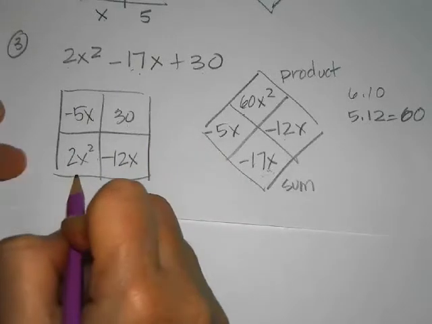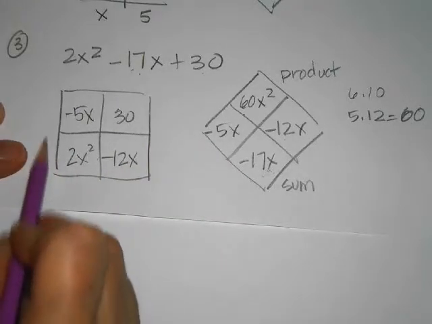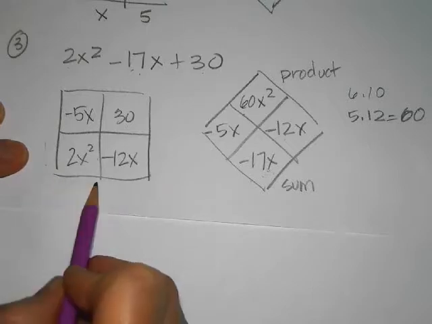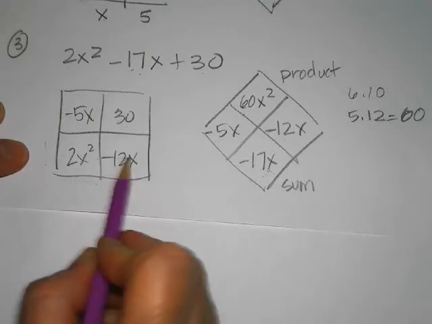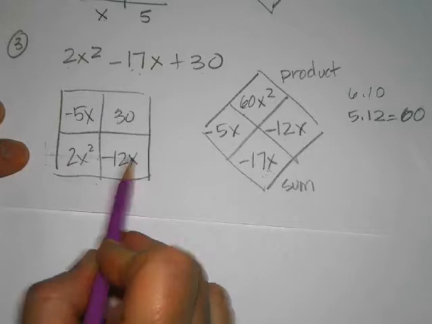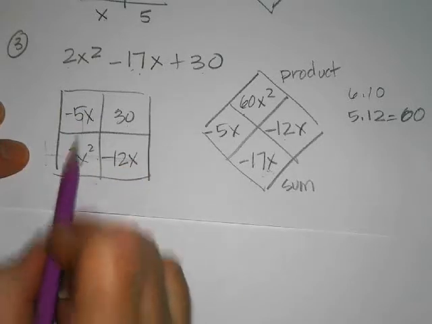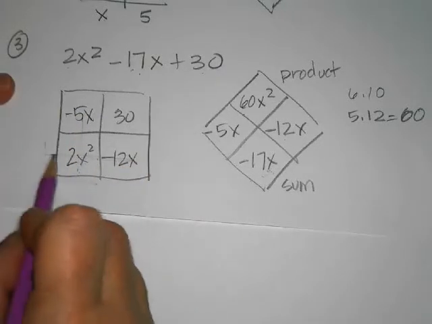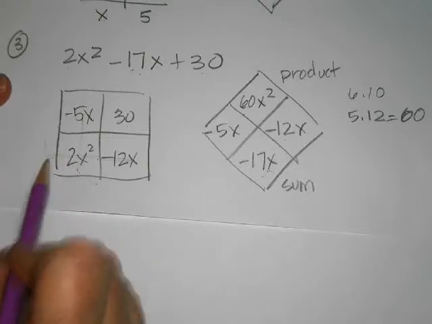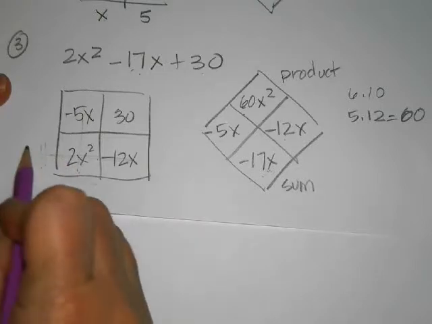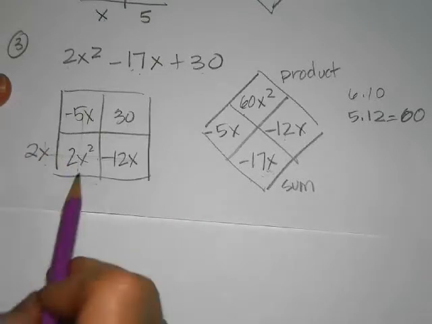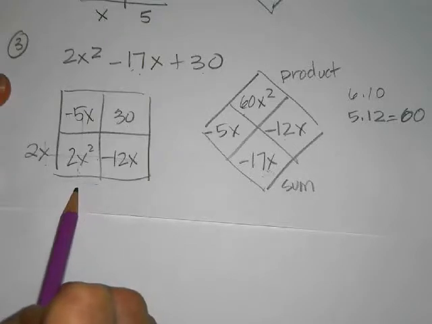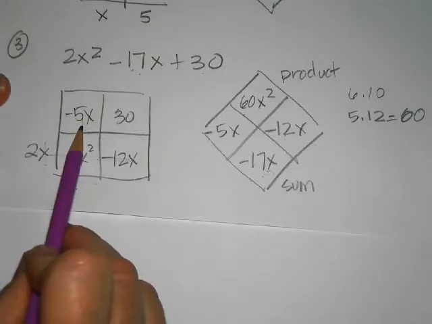Okay, so now remember, whatever goes at the end of this row or at the bottom of the column has to be a factor of every term in that row or column. So I'm looking at this. I know this is going to be 2x and x, and I'm going to put the 2x here because it can't go here, because 2x is not a factor of negative 5x.